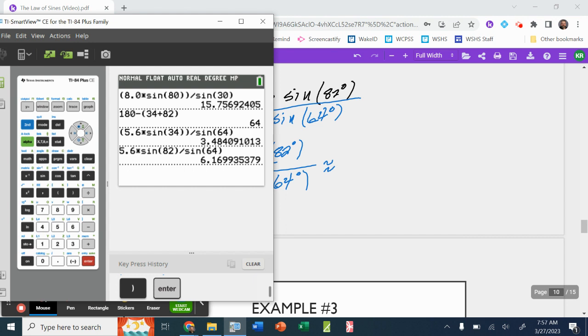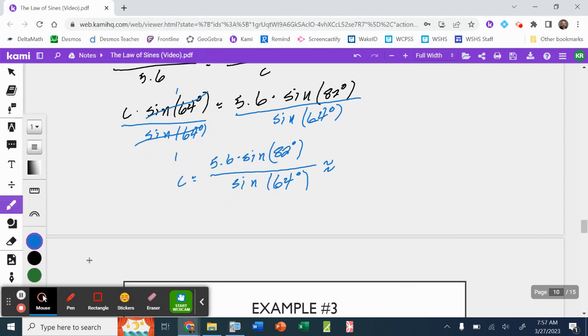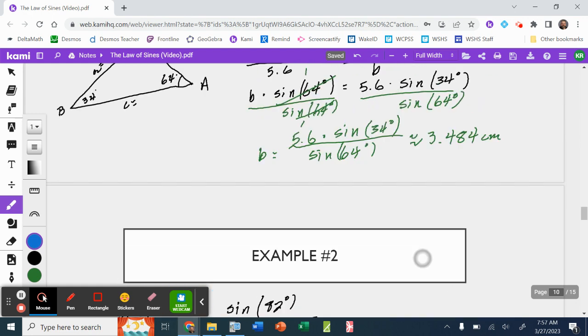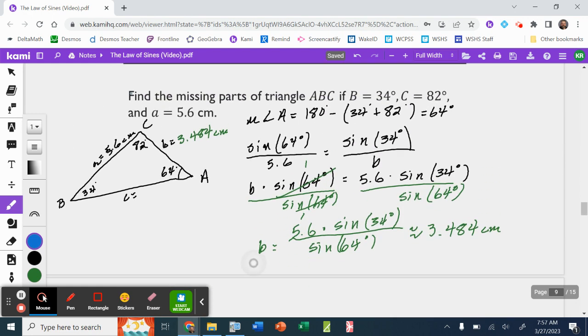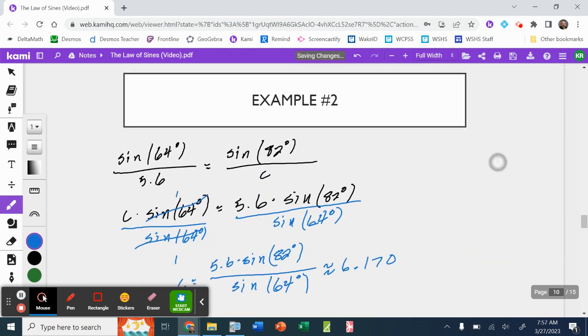Now I'm going to round it to 3 decimal places. So that will put us at 6.170 because of the double nines. So that means that in my diagram, side C is going to be about 6.170 centimeters.